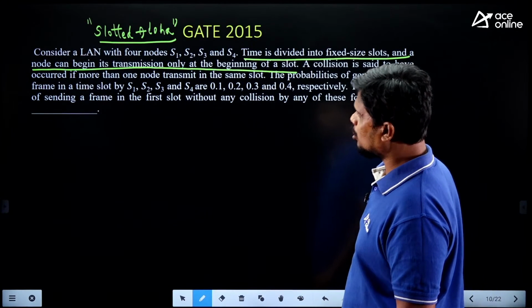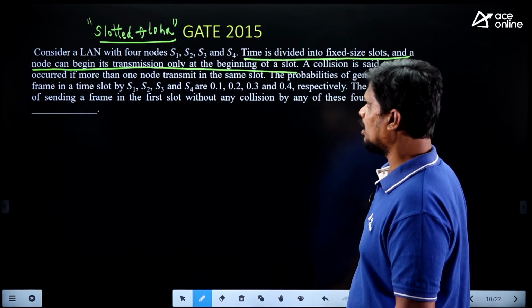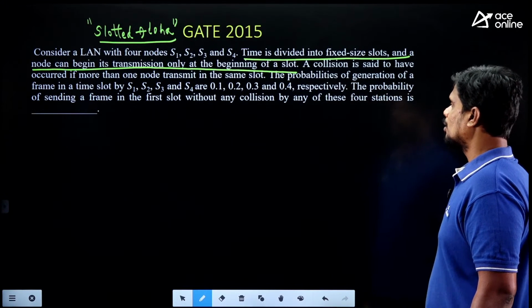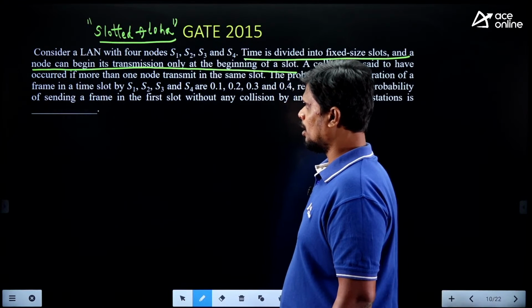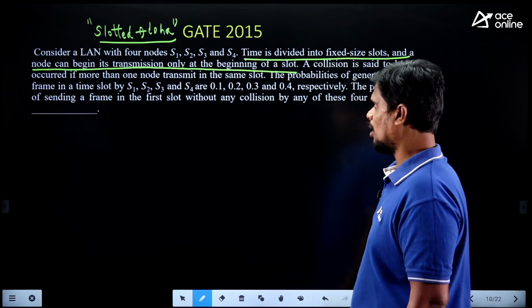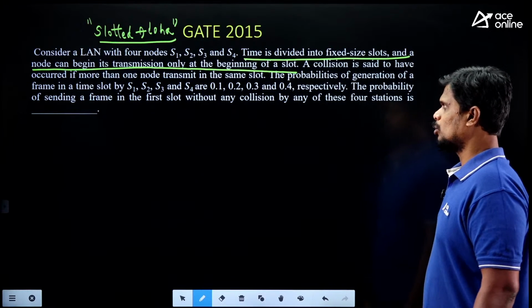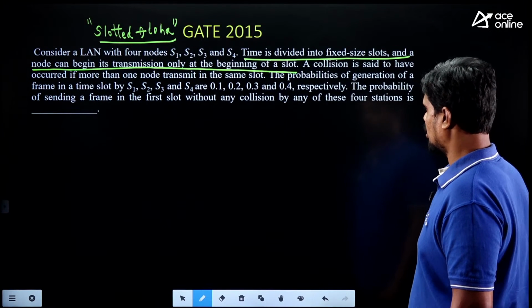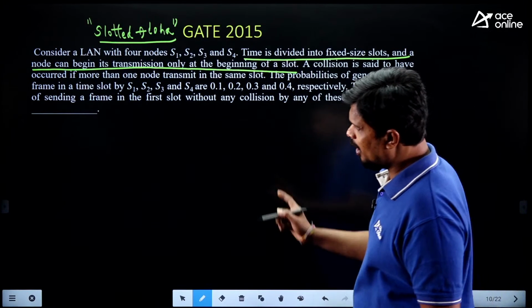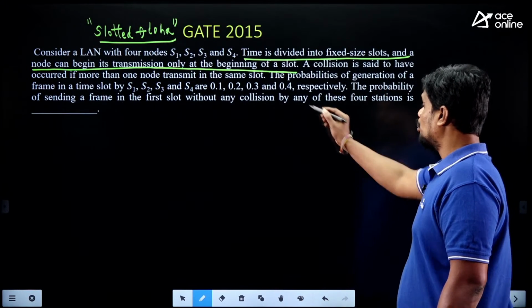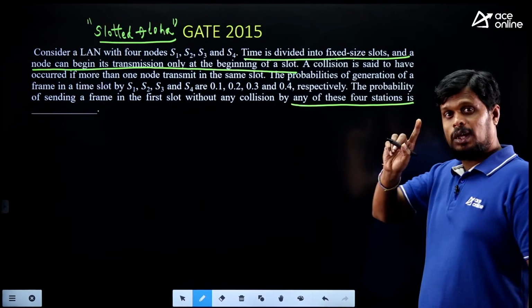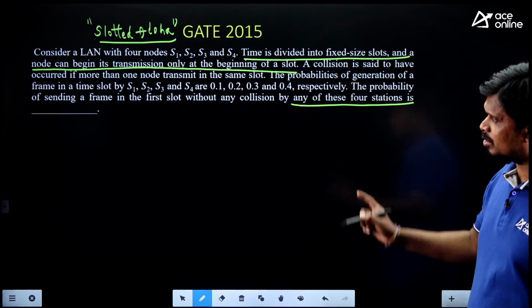A collision is said to have occurred if more than one node transmits in the same slot. The probabilities of generation of a frame in a time slot by S1, S2, S3 and S4 are 0.1, 0.2, 0.3 and 0.4 respectively. The probability of sending a frame in the first slot without any collision by any of these 4 stations is dash.